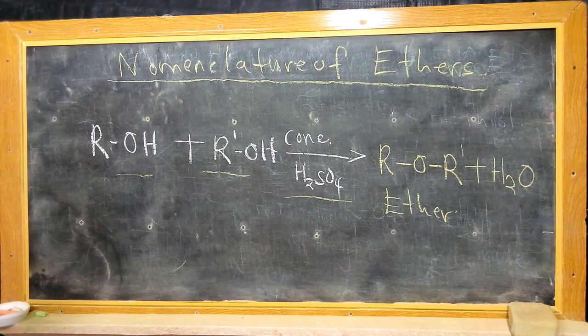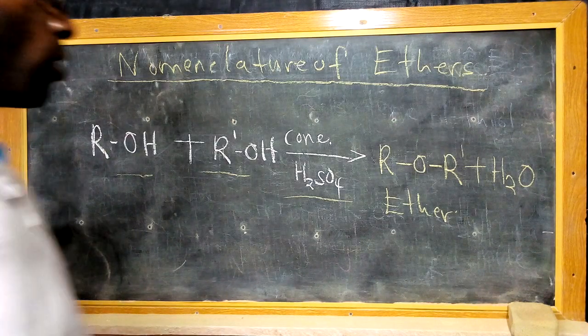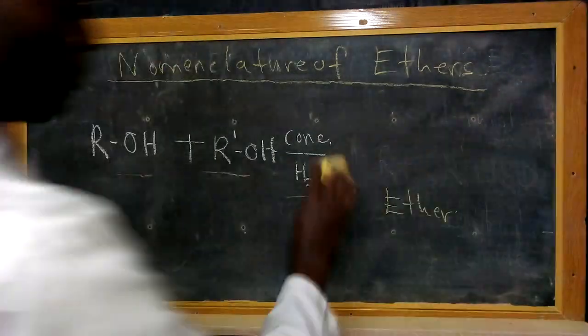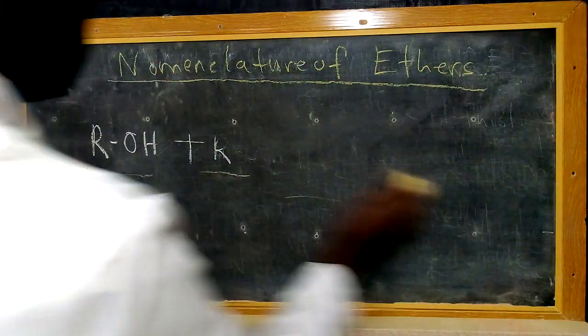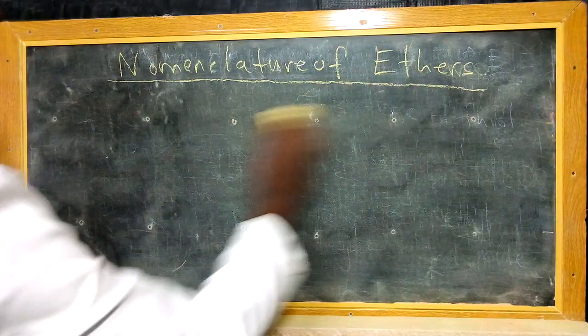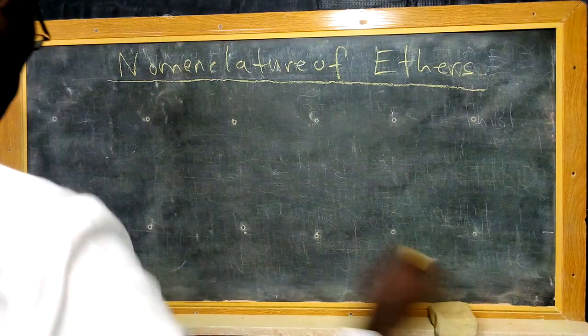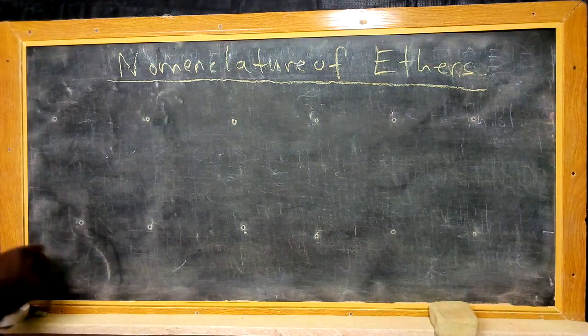So we shall go ahead and look at a specific example of a reaction that can lead to the formation of an ether using two simple alcohols. Let's look at this example.